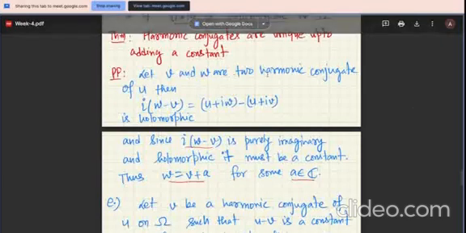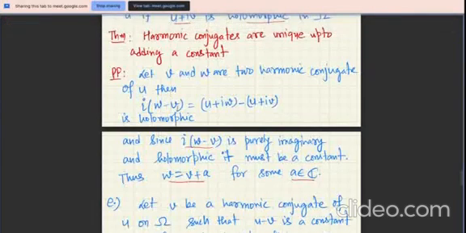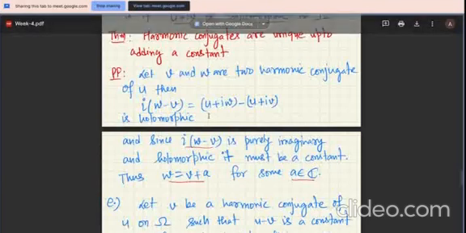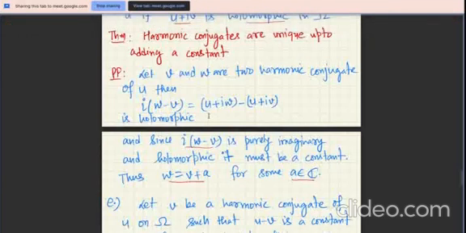So let v and w be two harmonic conjugates of u. Then i into (w minus v) is holomorphic. Because w is a harmonic conjugate, this is holomorphic, and again v is a harmonic conjugate, so this is holomorphic. So the difference between the two is holomorphic. And why is this purely imaginary?